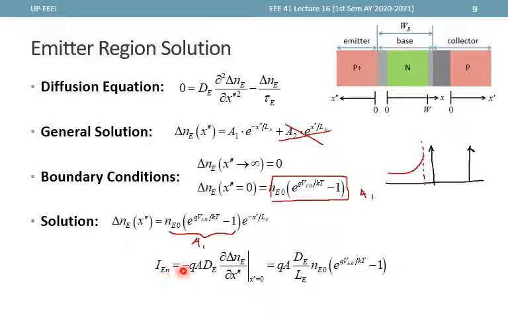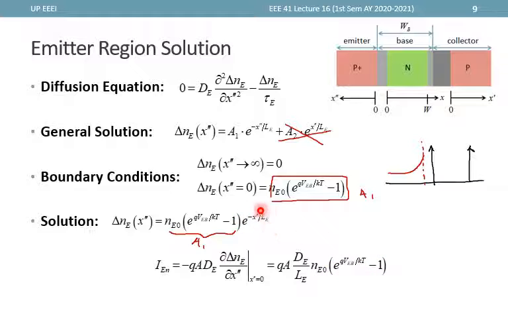So it is minus QADE, the derivative of delta NE with respect to x double prime, evaluated at x double prime equal to 0. Note that this is just a constant, not a function of x prime. We just multiply by QA DE, so we get this n naught e to the QVB, VEB over KT, minus 1.